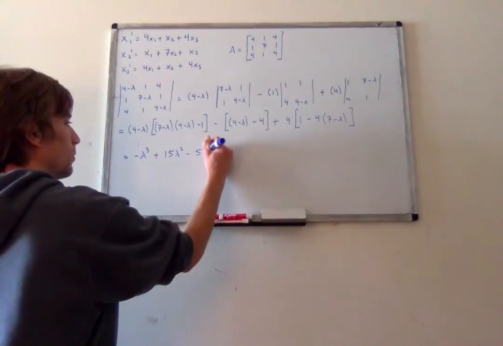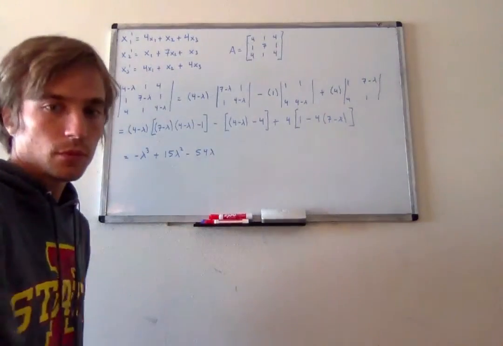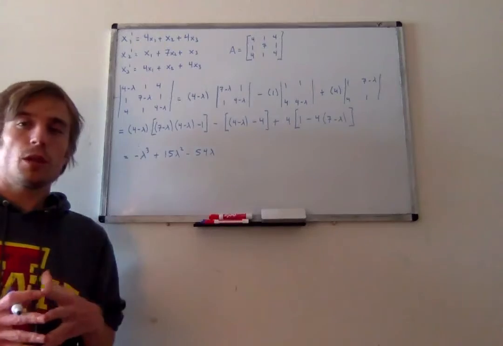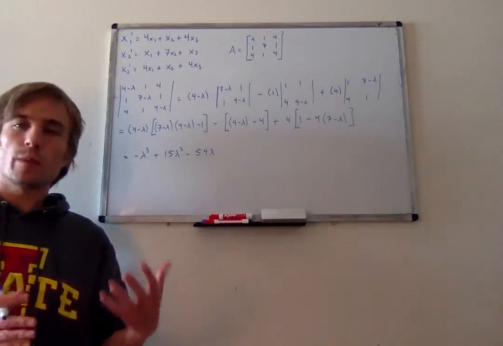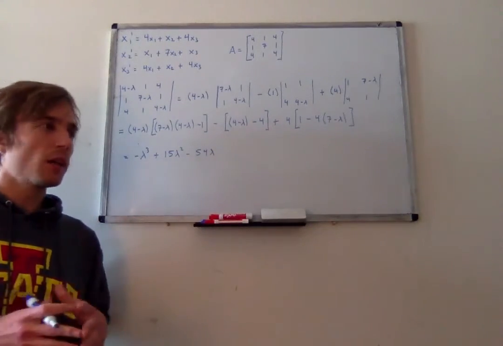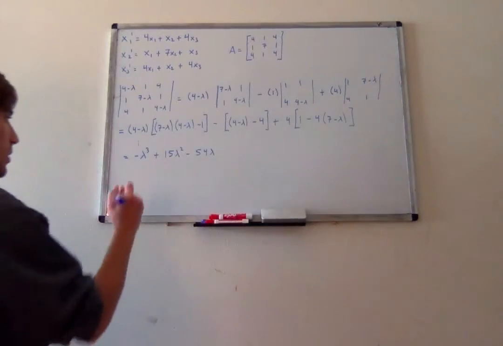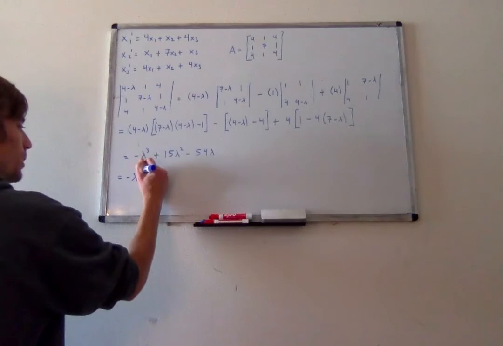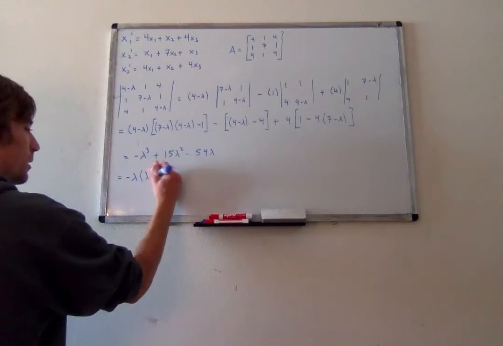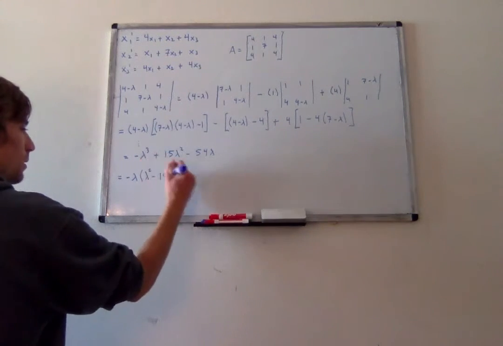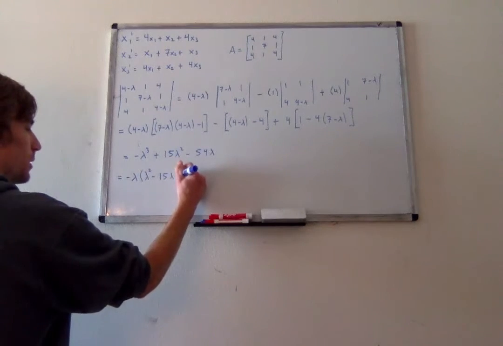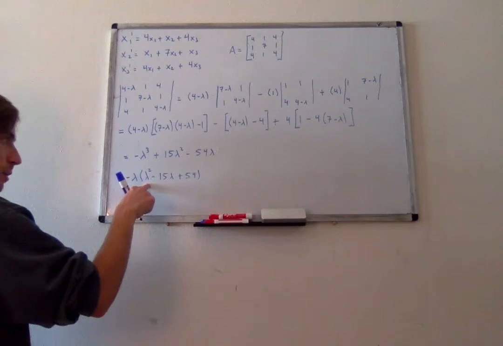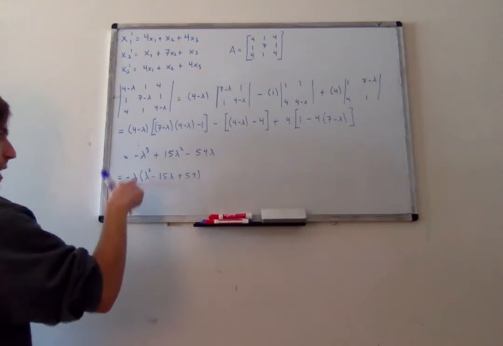Minus 54 lambda. All right, so we want to factor this. Factoring 3x3 polynomials can be tricky. Again, sometimes we might need to guess a root right off the bat. Here, we've got one trick. Since there's no constant term, we can factor out a lambda. And because I prefer to look at degree 2 polynomials where the leading coefficient is positive, I'm going to factor out a negative lambda.